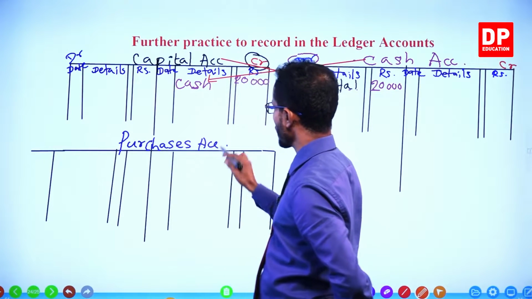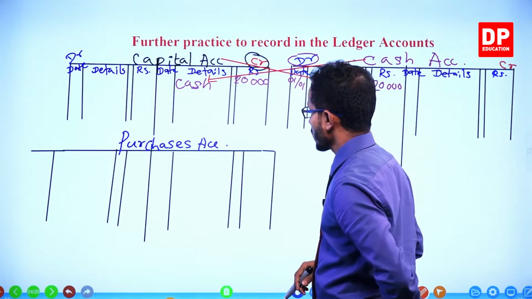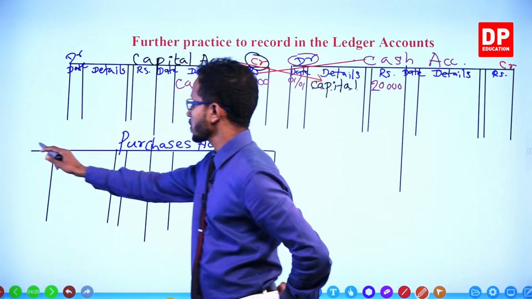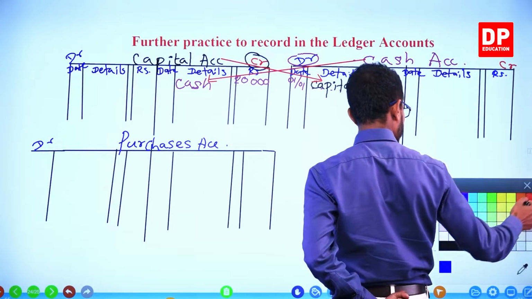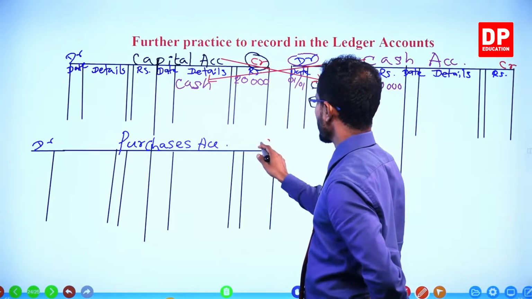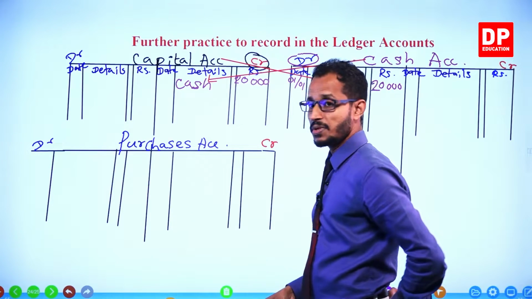Purchases account. And debit side, don't forget to mark debit and credit. DR for debit, CR for credit.